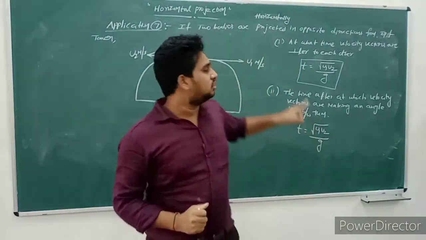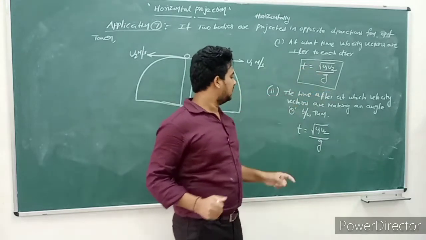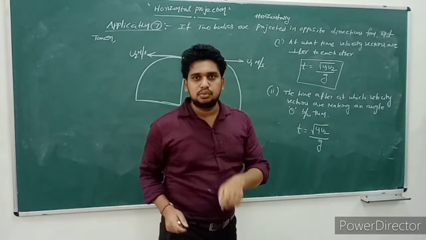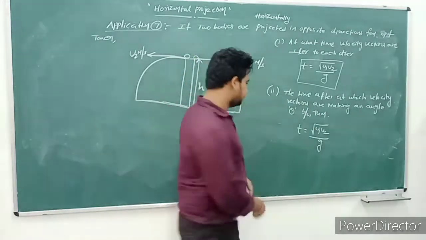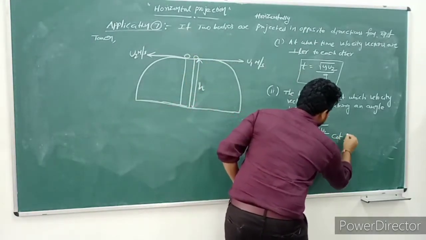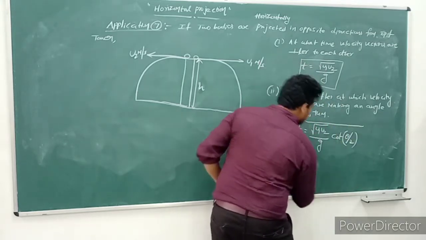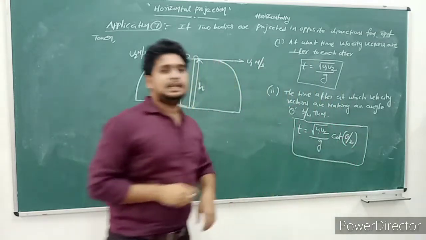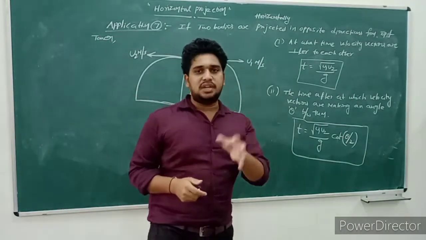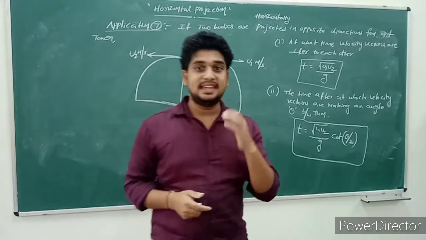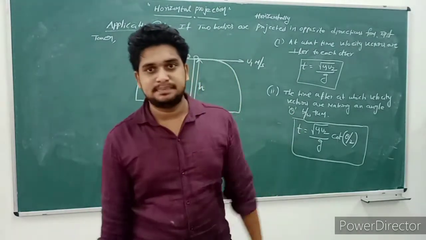That's why square root of u1 u2 by g. So here t is equal to square root of u1 u2 by g into cot theta by 2. So this is the time after which velocity vectors are making an angle theta between them.